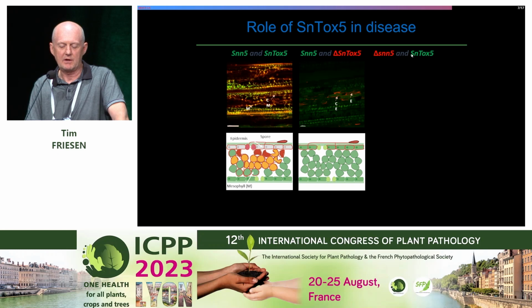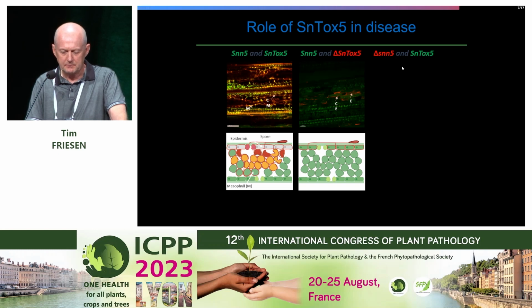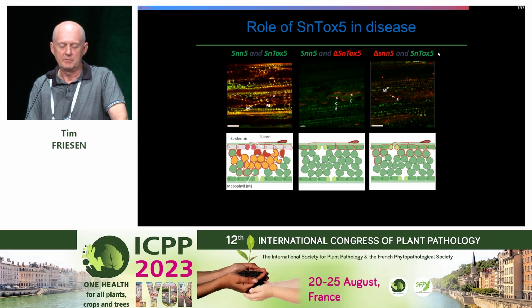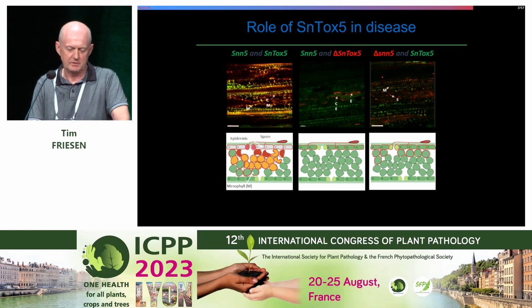We flipped this around to also eliminate the ability to produce necrosis, but we put TOX5, the wild type, back in, and we knocked out SNN5 in the host line. When we did this, you can see that the pathogen colonizes the mesophyll. We still don't get necrosis, but we get a strong colonization of the mesophyll, indicating that TOX5 may be facilitating that colonization even in the absence of SNN5.